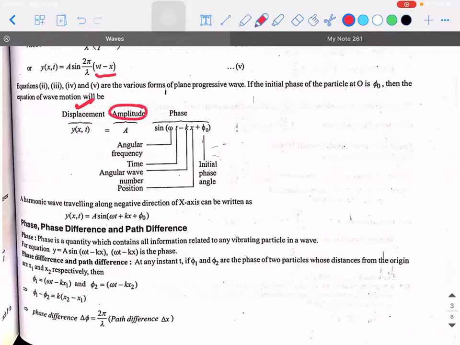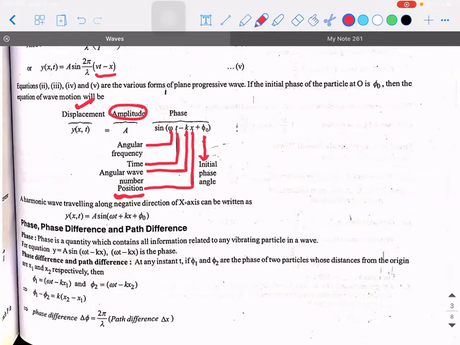Omega represents the angular frequency. T represents time. K represents angular wave number. X represents the position of the particle along x direction. And phi naught represents the initial phase.